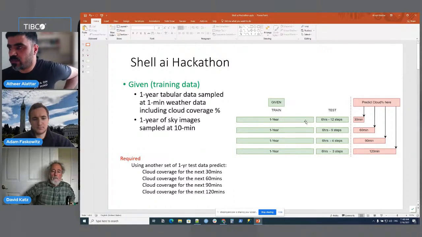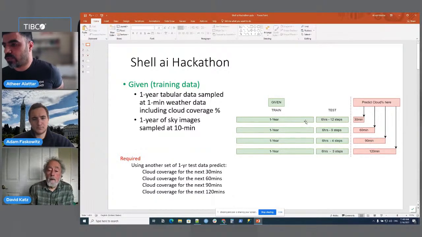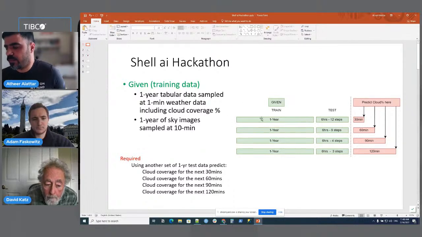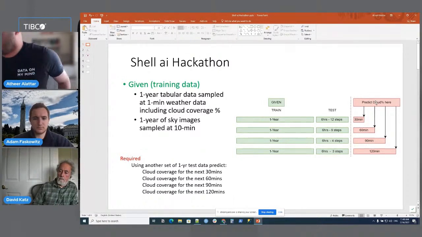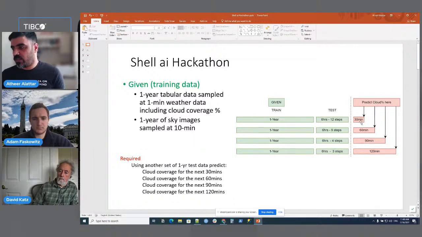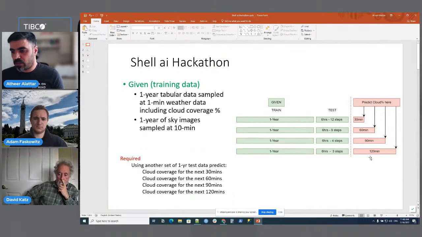For example, the humidity over one year, the percentage of clouds, temperature, and a couple of other variables. You're also given test data of 6 hours, and you're required to predict the cloud coverage for the next 30, 60, 90 or 120 minutes, in four categories.